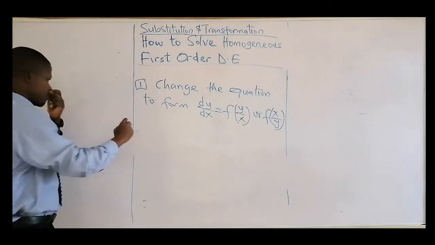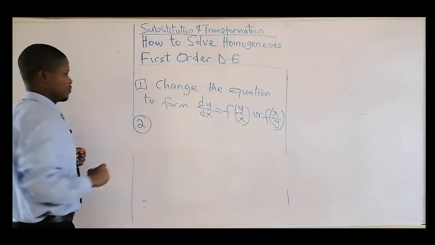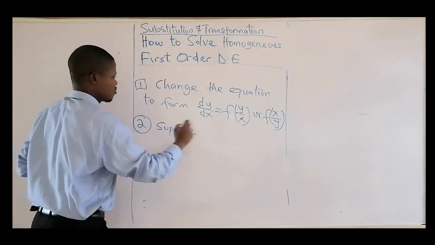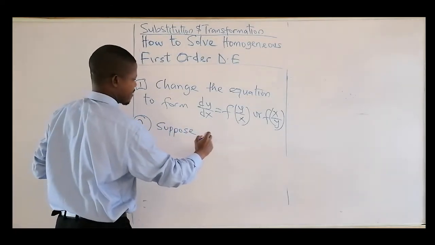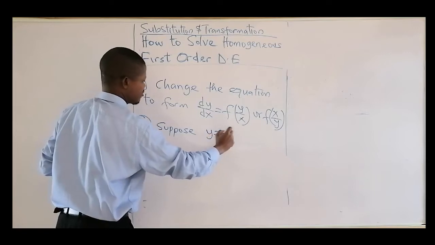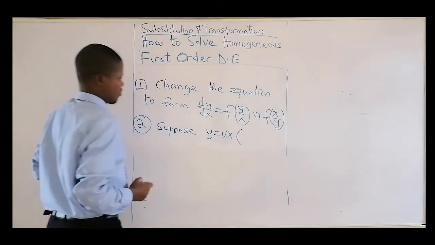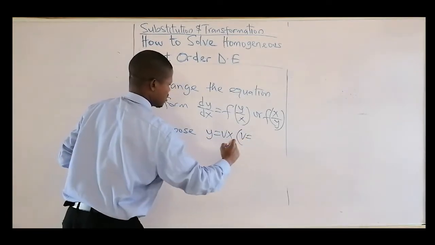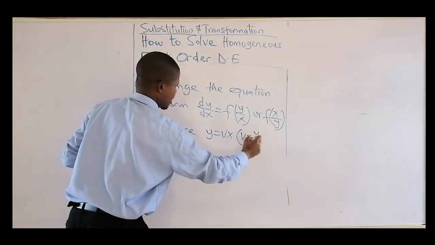Then the second step will be to suppose y equal to vx, or v equal to y over x.